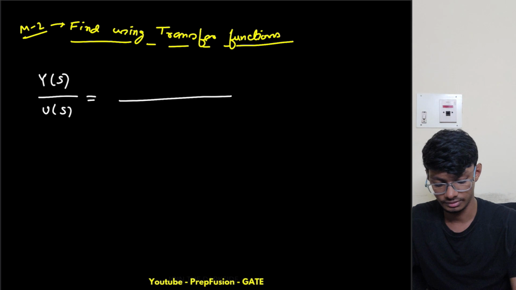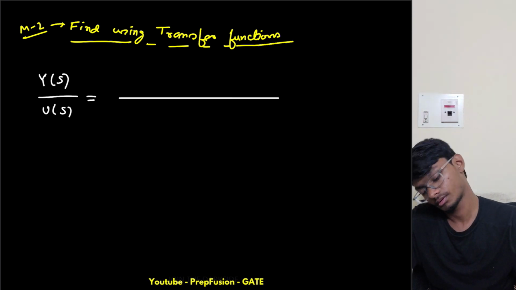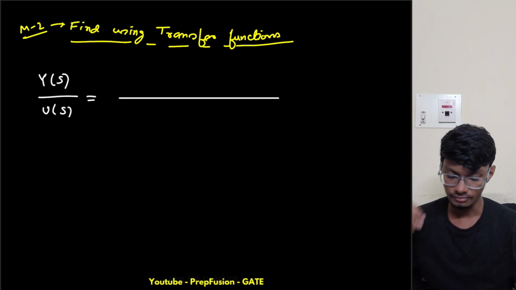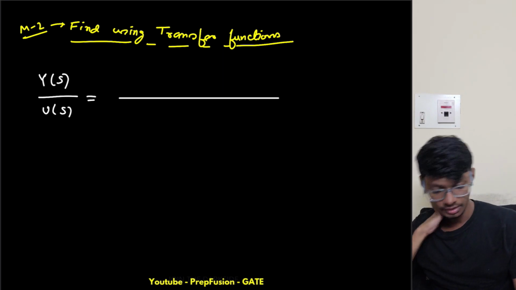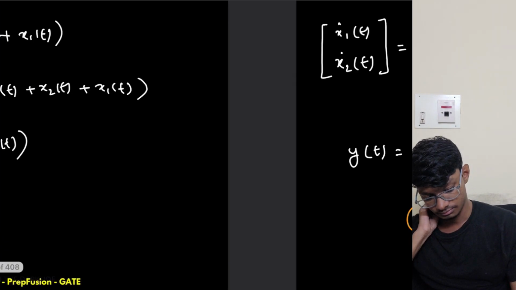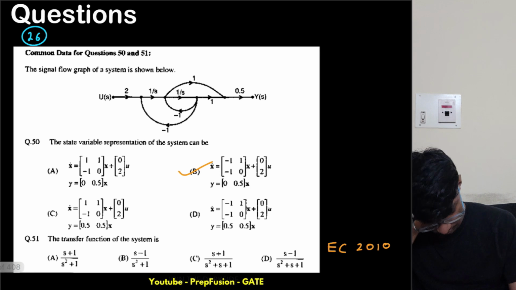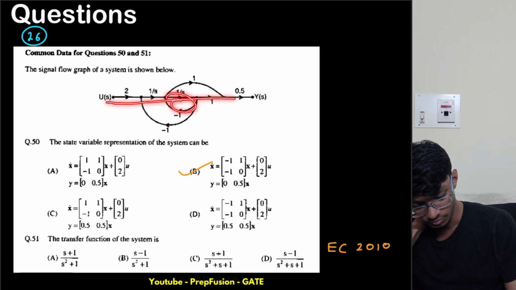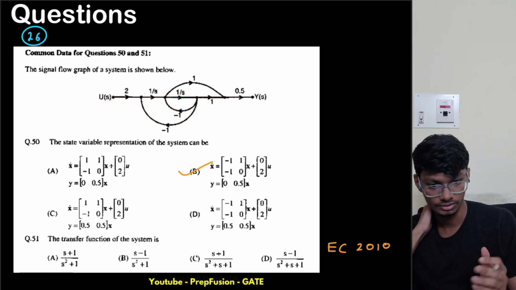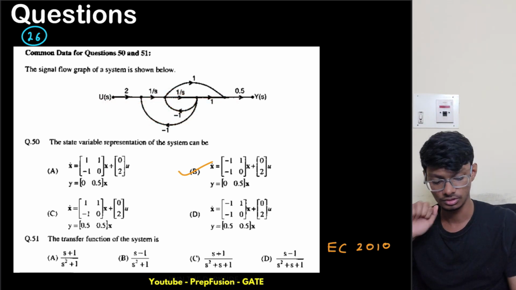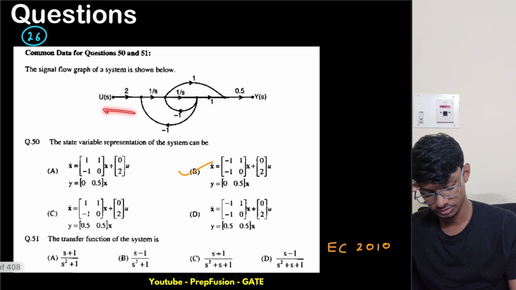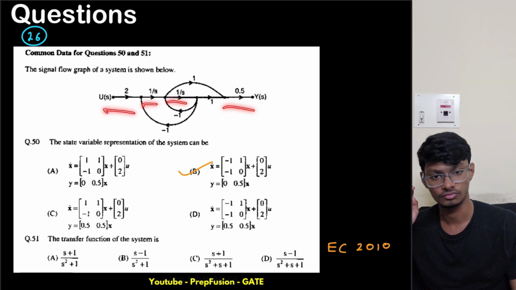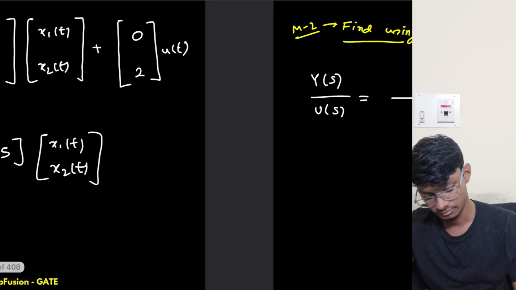What is the value? The first forward path is this one. Two of the loops are touching, so none of the non-touching loops will be present. So the first forward path is 2 times 1 by s times 1 by s times 1 by 2, so it becomes 1 by s square.